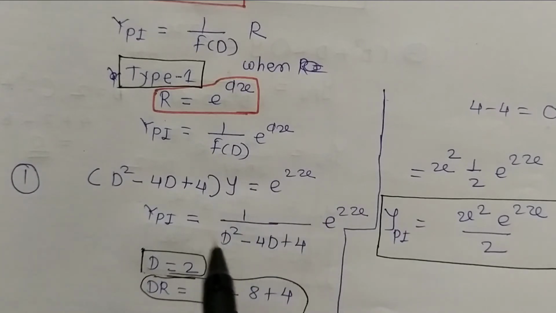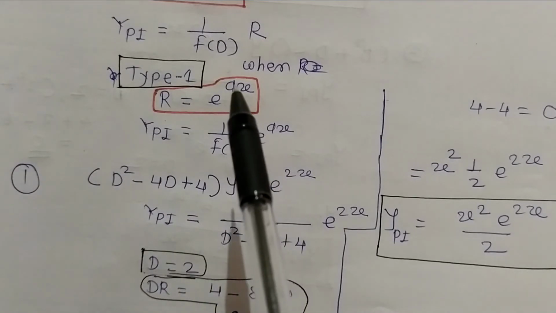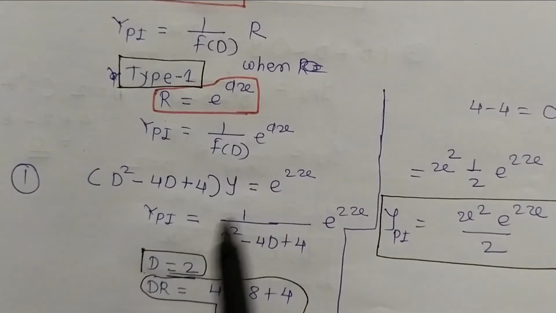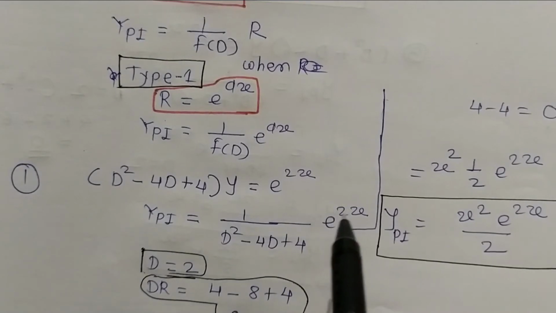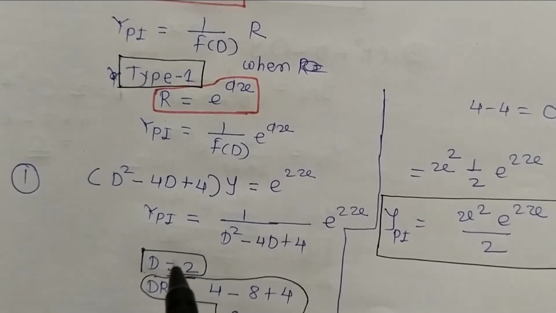So in this case we have to put D is equal to a. Okay, D is equal to a. So here what is the value of a? Here a is 2. So here we have to put D is equal to 2 at the denominator. So here 1 upon, 2 square is 4 minus 8 plus 4, that becomes 0.